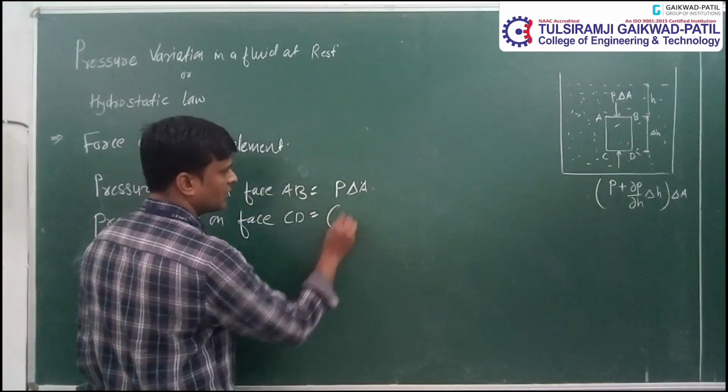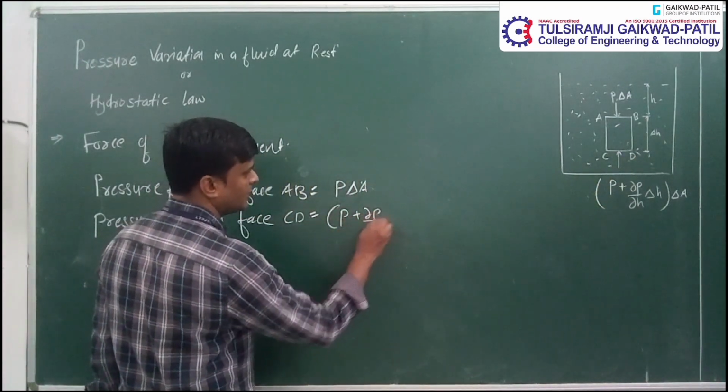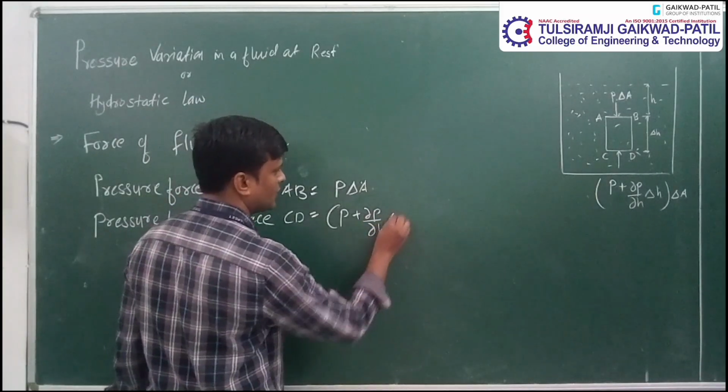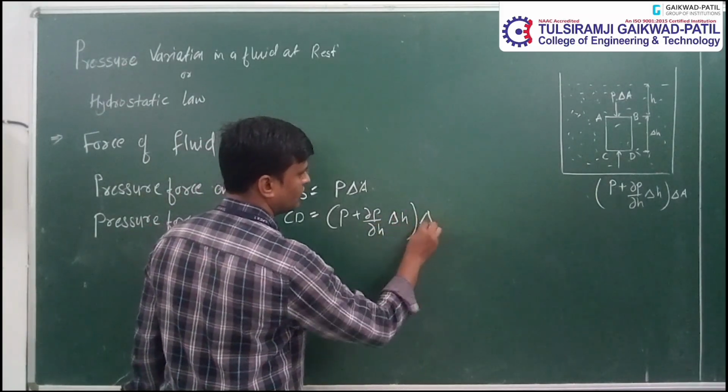How much? P plus del P upon del H into delta H into delta A.